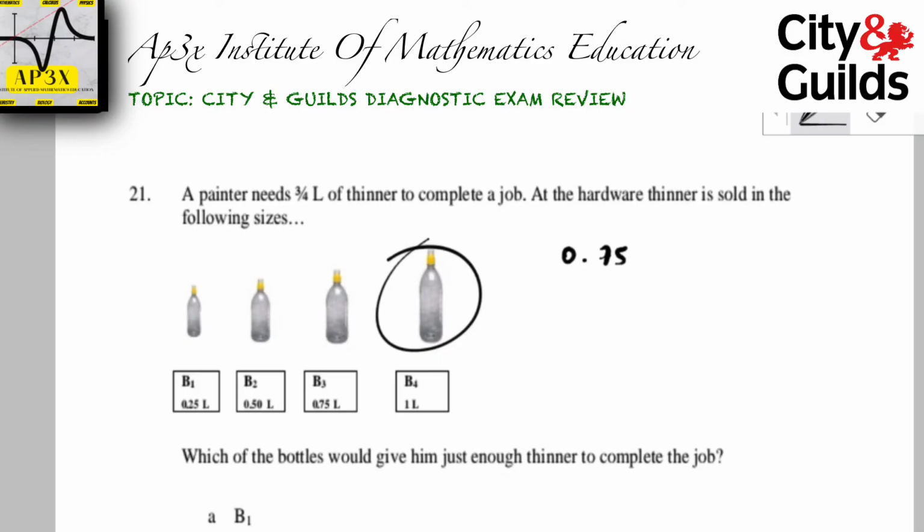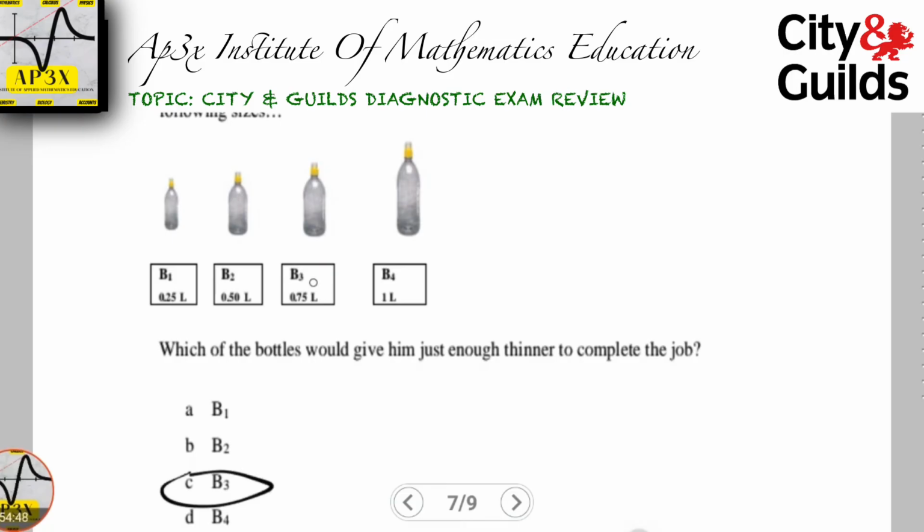We always want to have more than the amount. Let's read it again. It says, which of the bottles would give him just enough? So they don't want any overs. So I'm going to go out on a limb here, and I'm going to say that the answer is going to be, say here, bottle 3, because this is just enough.